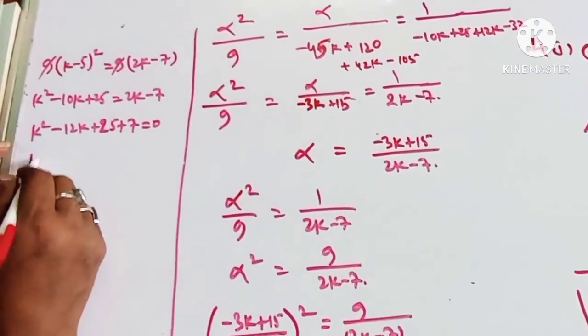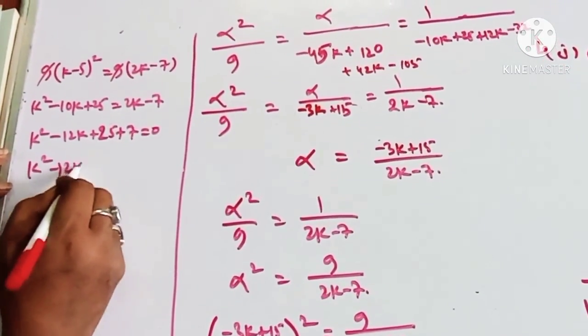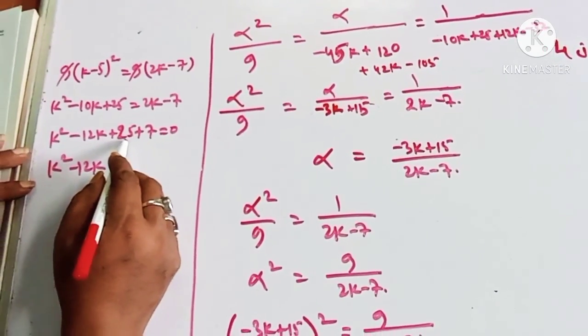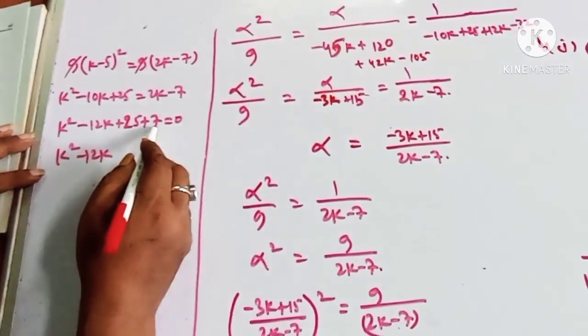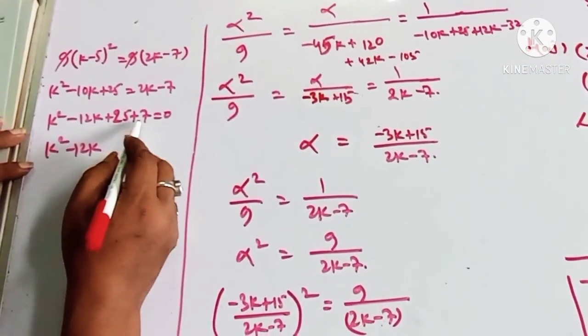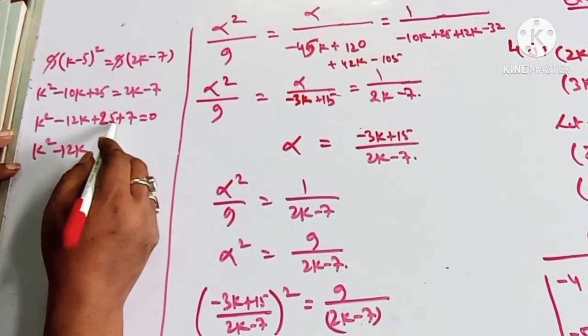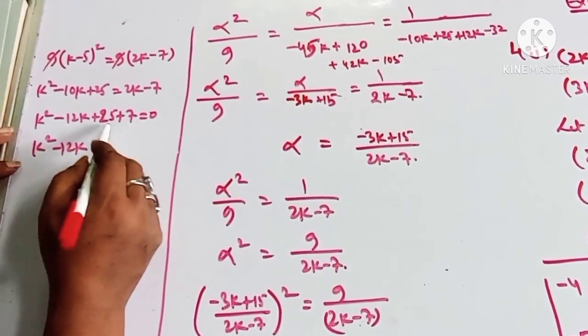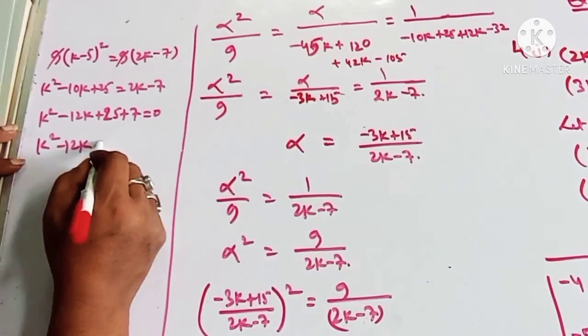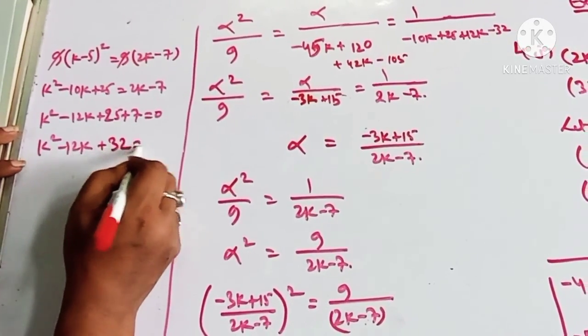So k square minus 12k, 25 plus this will be how much? 25 plus 7 is 32, so k square minus 12k plus 32 is equal to 0.